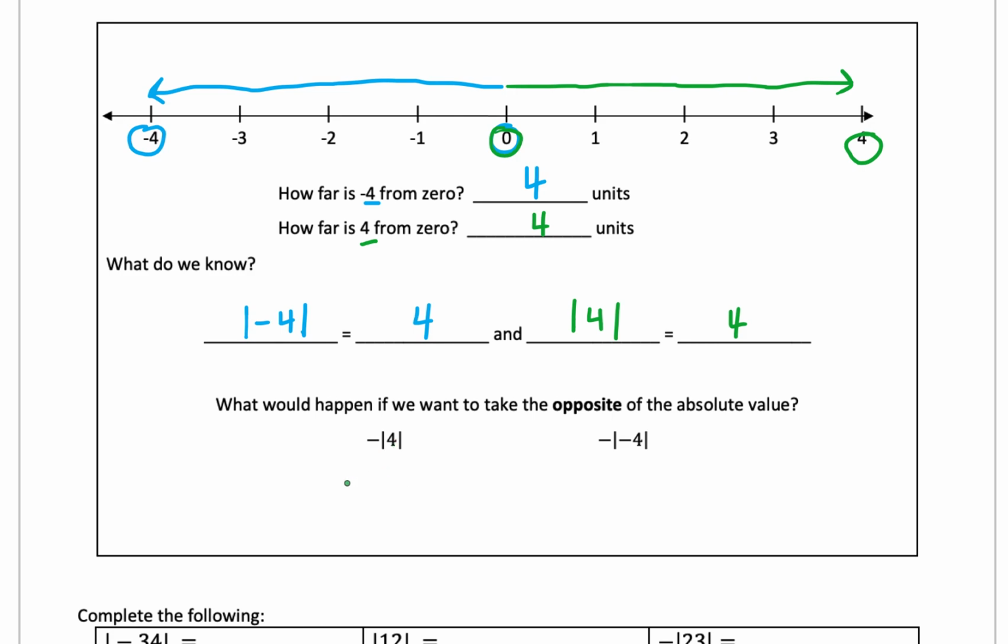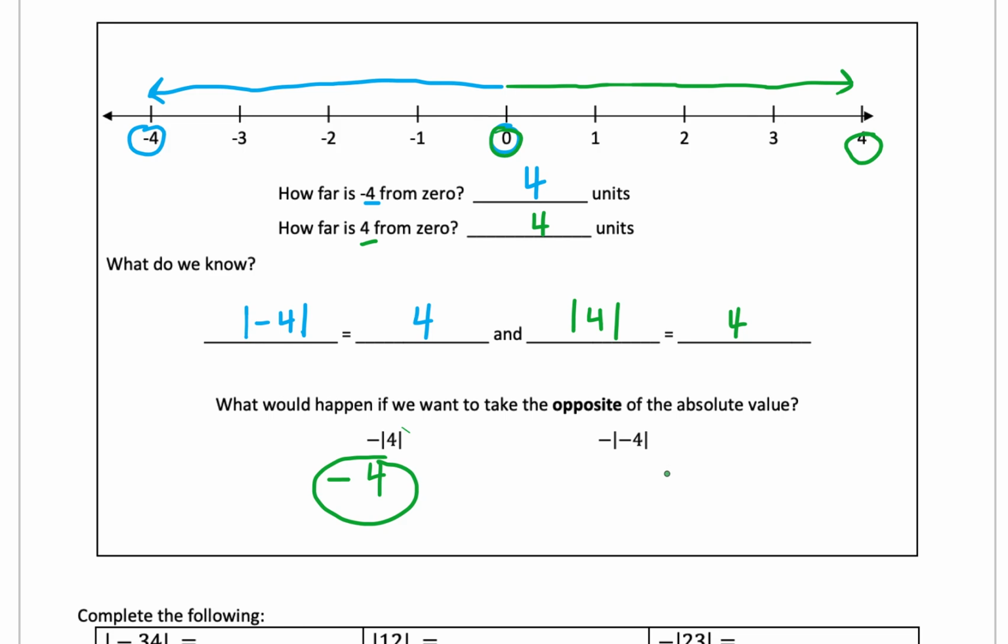Well, what we can think about is that we're taking the opposite of whatever the absolute value of 4 is. Well, we know the absolute value of 4 is 4, so I'm going to bring that part down, but I'm also bringing down the negative sign here to indicate that I'm taking the opposite of my answer. So really the final answer here is that the negative absolute value of 4 is -4.